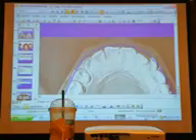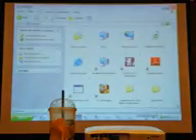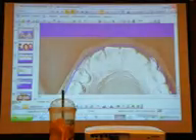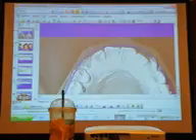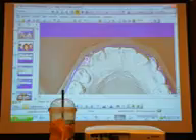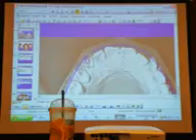this one is obvious. What do you see here? That's it. Distal versus, we have a distal rotation. Okay. And what about the central? Very good.